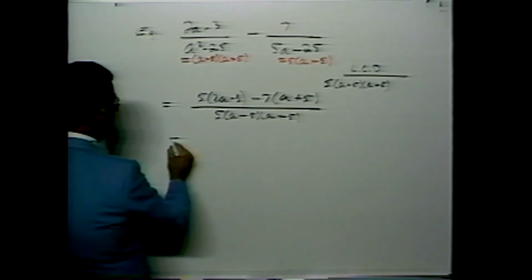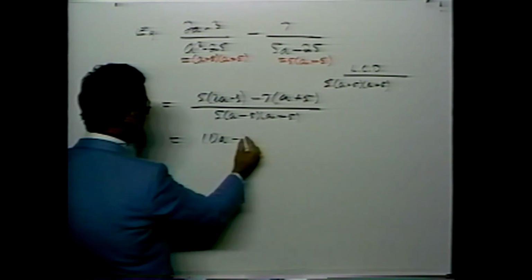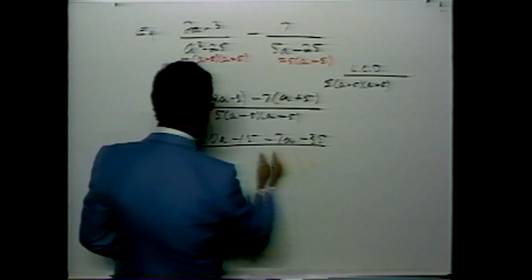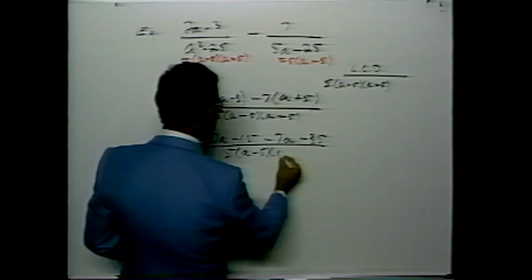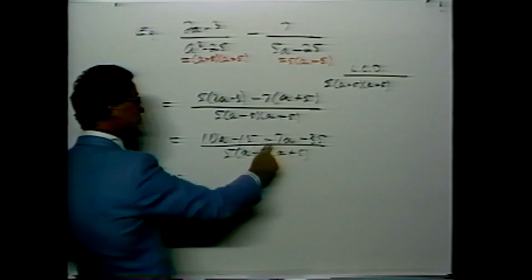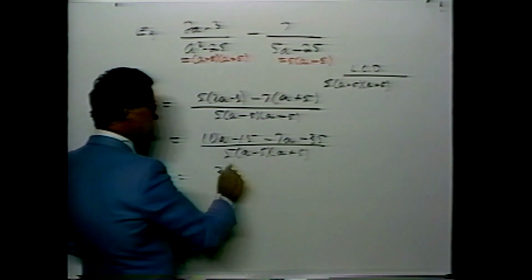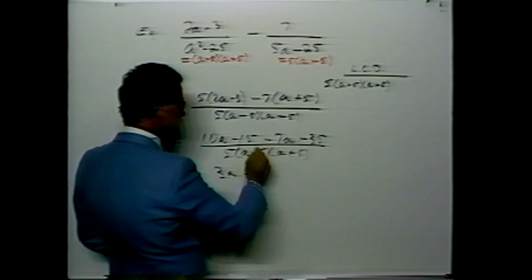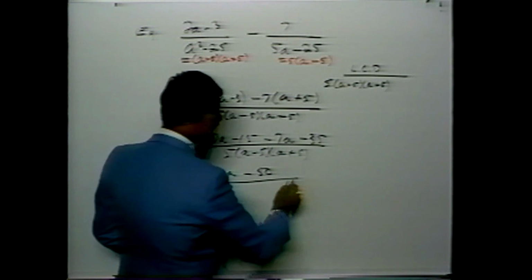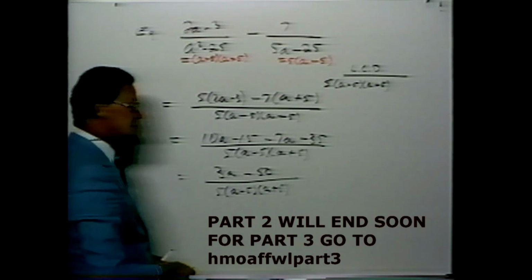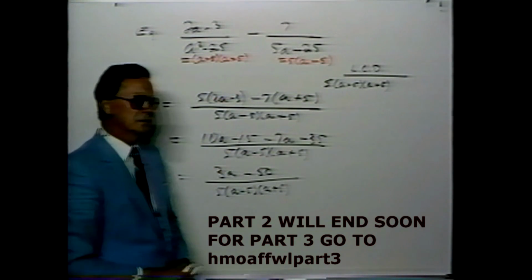Now expand the numerator, and we have 10a minus 15 minus 7a minus 35 over 5 times a minus 5 times a plus 5. It'll take one more step because we can simplify the numerator by collecting like terms. That's 3a minus 50 over 5 times a minus 5 times a plus 5. And that's the result. The next topic is on complex algebraic fractions.